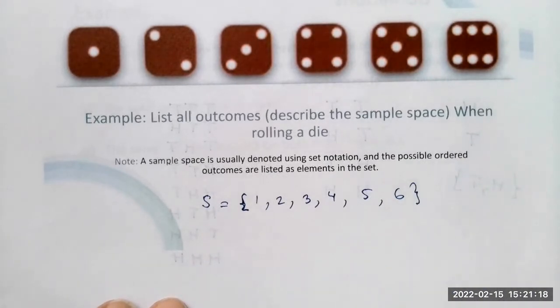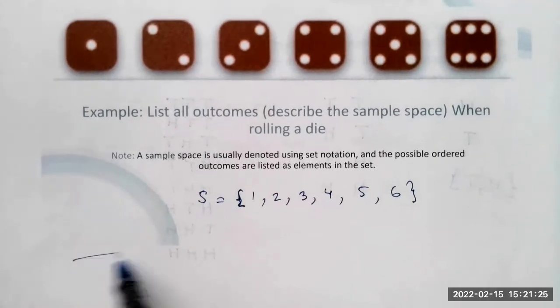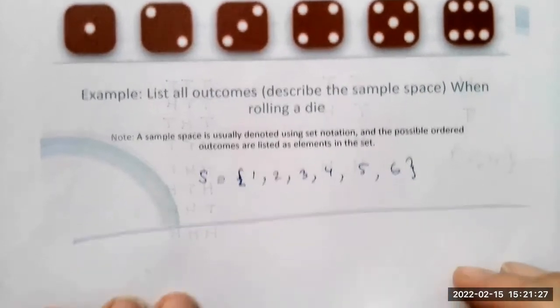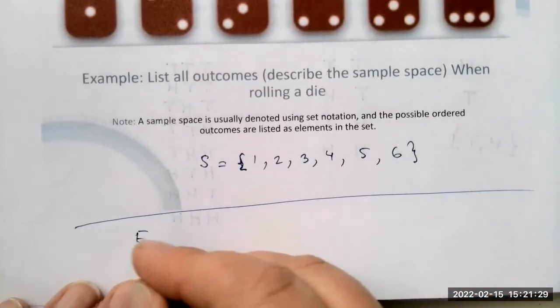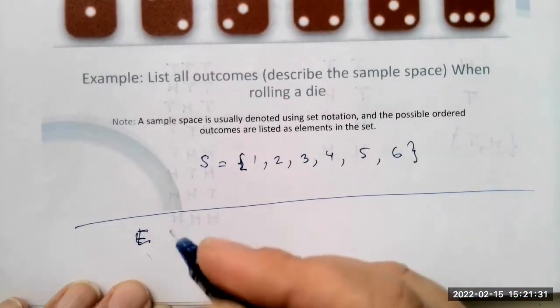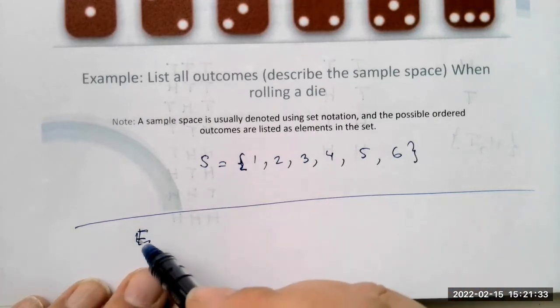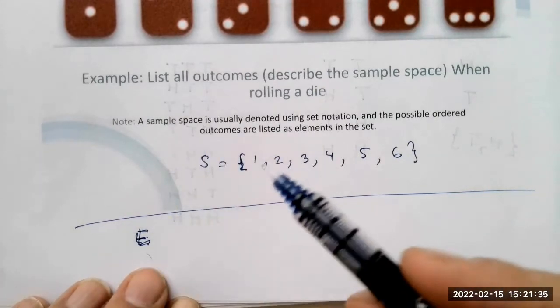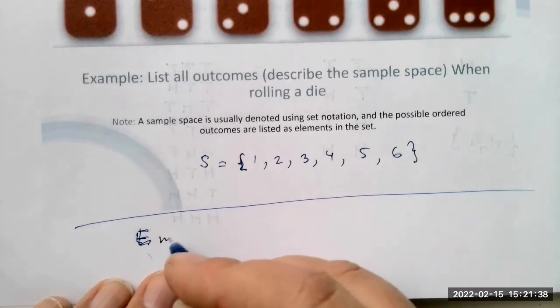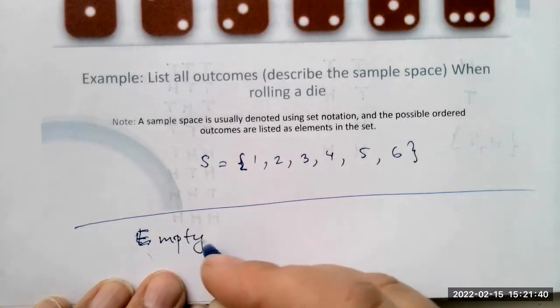But continuing the topic of set notation, I just wanted to mention that there is a possibility of getting an empty set, and it doesn't actually pertain to this example. It's a different topic. I just wanted to point it out.